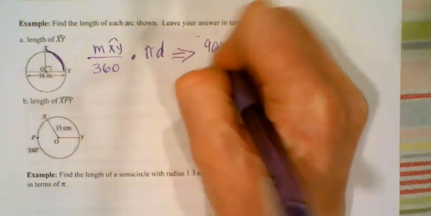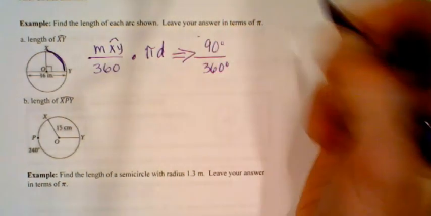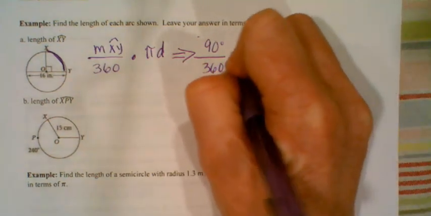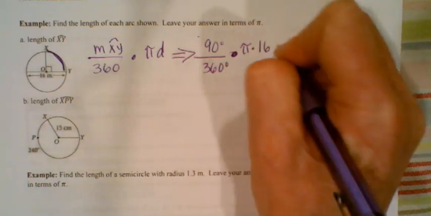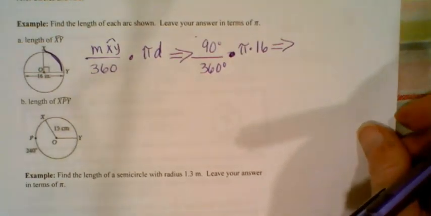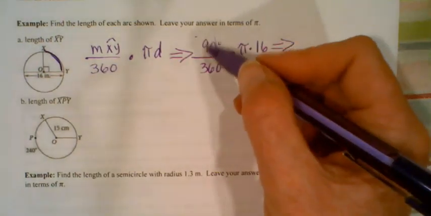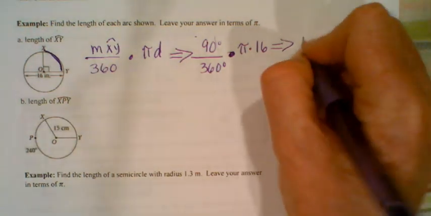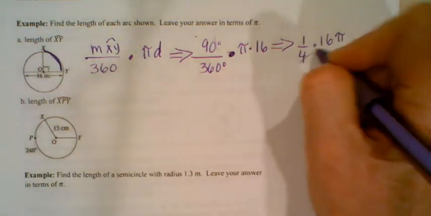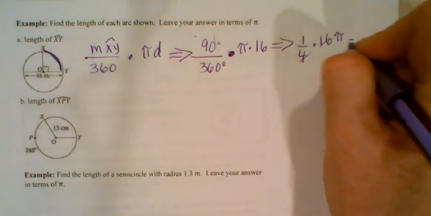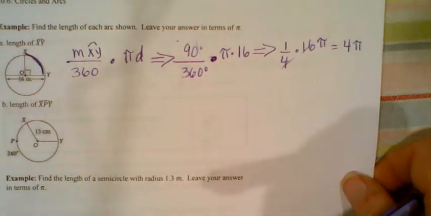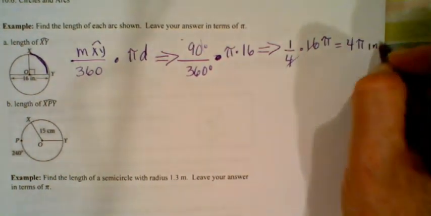So we have 90 degrees divided by 360 degrees times pi times diameter. 90 divided by 360, the zeros cancel out. 9 out of 36 is 1/4, so we have 1/4 of 16 pi. Simplify, you get 4 pi. So the length of this arc is 4 pi inches.